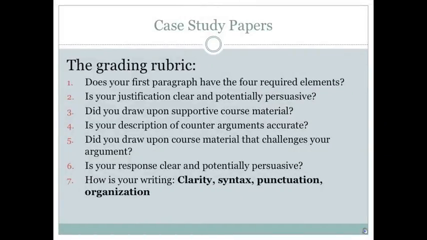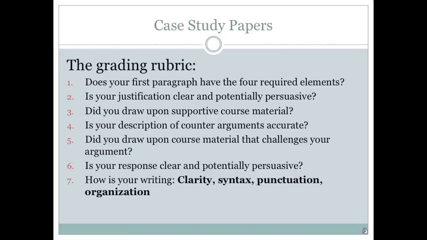Be sure to pay attention to the grading rubric and the weight that's given to each of these things that I will be evaluating. You will see there that it will be looking at whether or not your first paragraph has the 4 required elements and how good of a job you do with each of those elements. Then it will ask, is your justification clear and potentially persuasive? And in offering that justification, do you draw upon the course material that's supportive of your resolution of the case?